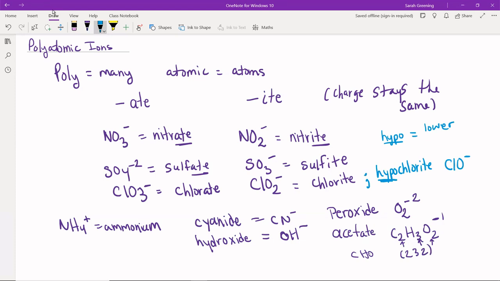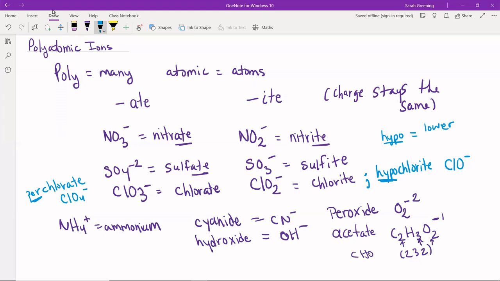And I could go the opposite with chlorate. There's a term that typically means, I don't know if it actually means this, but I've noticed this with a couple of the polyatomic ions. If you have the beginning per, so there's perchlorate, that usually means there's 4 oxygens. So ClO4 minus.